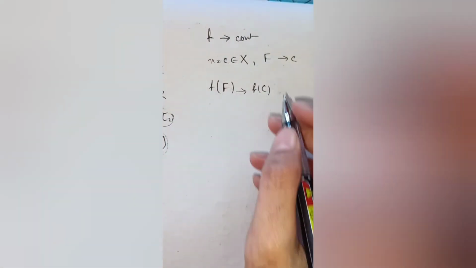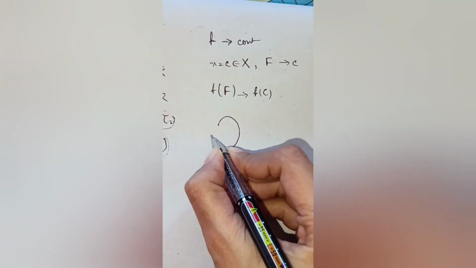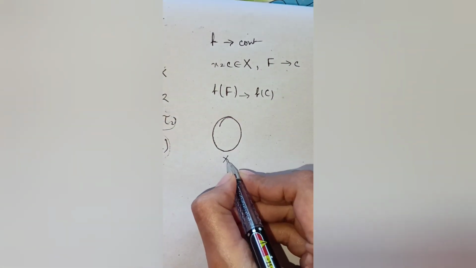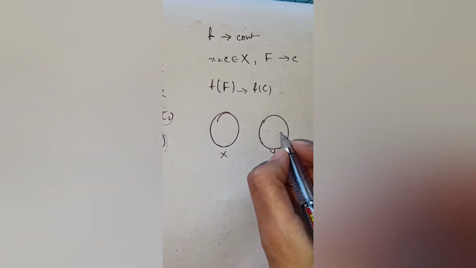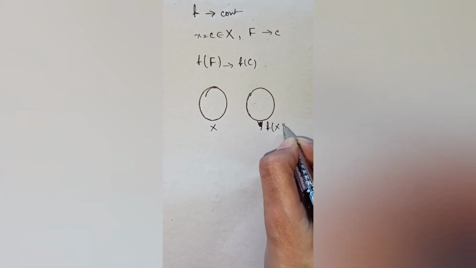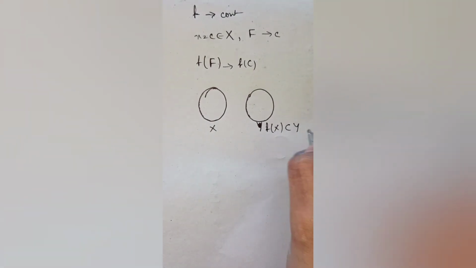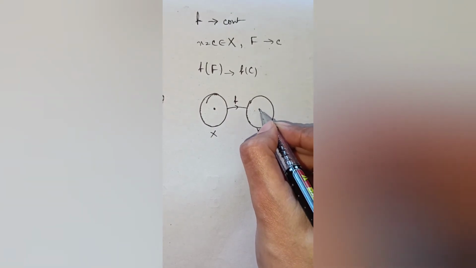Now what does continuity mean? Let this be the topological space X and this be Y, and let this be f image of X, which is a subset of Y. So there must be some f of c. This is f of c.